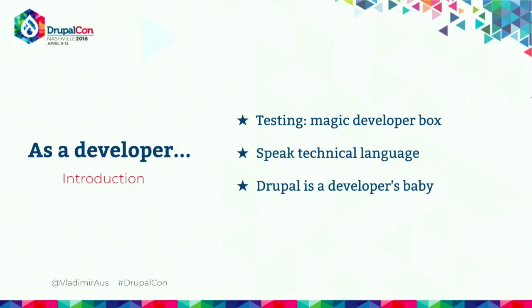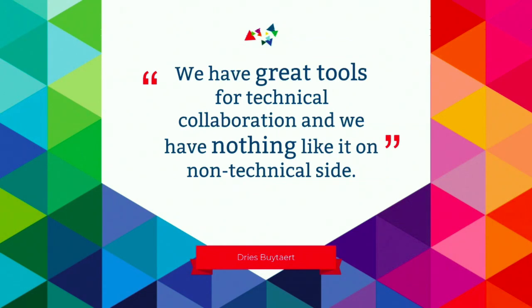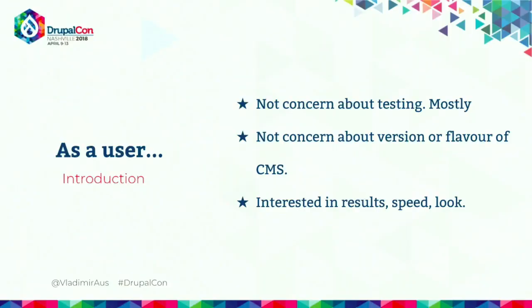And let's be honest, Drupal is a developer's baby, right? It was built by developers and mostly for developers. Dries said yesterday, we have great tools for technical collaboration, but we get nothing like that on the non-technical side. And that's exactly what I'm referring to. When you talk about Drupal, you're basically referring to a majority of people who are developers.